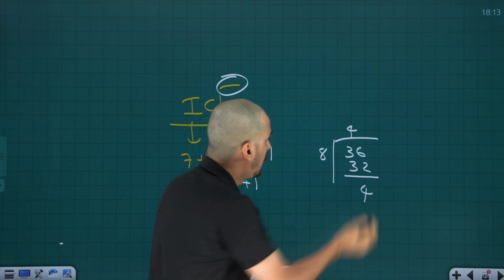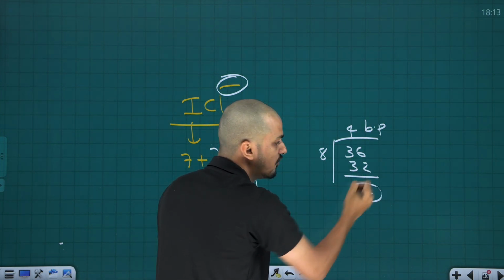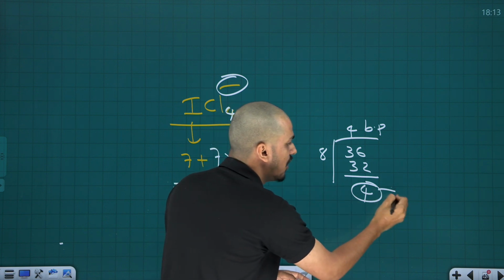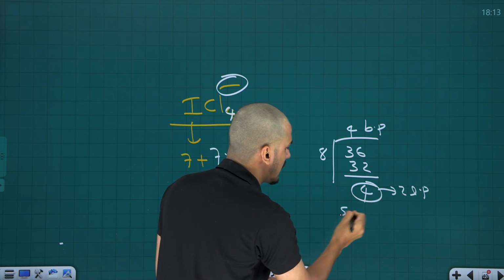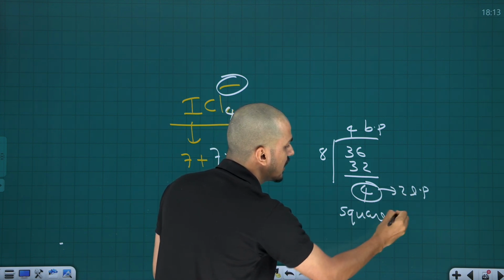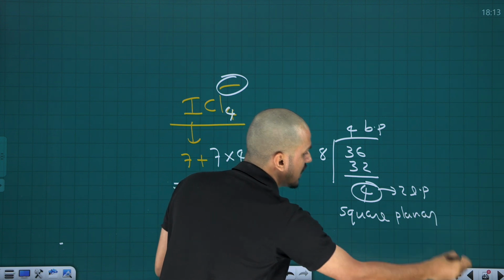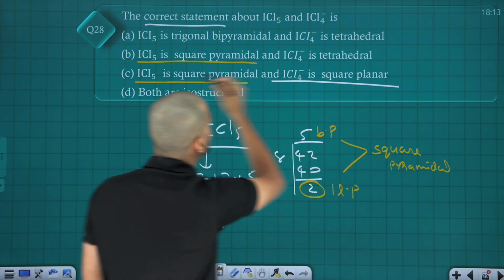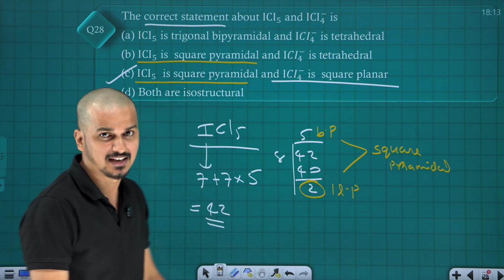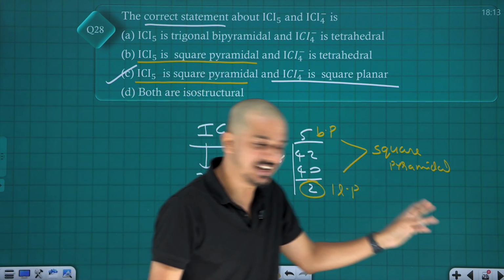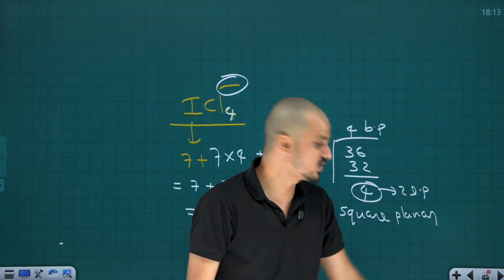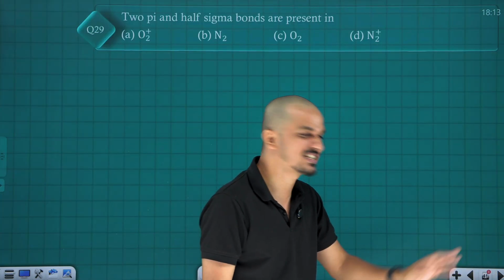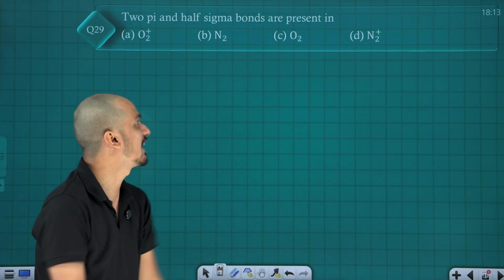Remainder is 4. 4 bond pair, and the remainder 4 makes 2 lone pair. 4 bond pair, 2 lone pair means square planar according to VSEPR. ICl4 minus is square planar, option C. We did the 28th question, top most repeatedly asked concepts from chemical bonding.